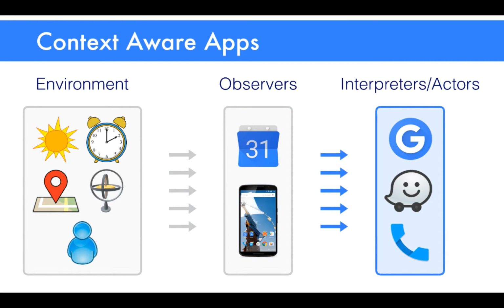So once observers have done their work and taken the raw environment and turned that into a stream of data, then we have actors that will take that raw data stream and use it to figure stuff out and eventually also proactively act based on that information. So some key examples here: Google Now obviously does a lot of aggregation of a lot of different kinds of data streams. Waze is pulling information about other users and their traffic conditions in order to inform you about what your route might want to be.